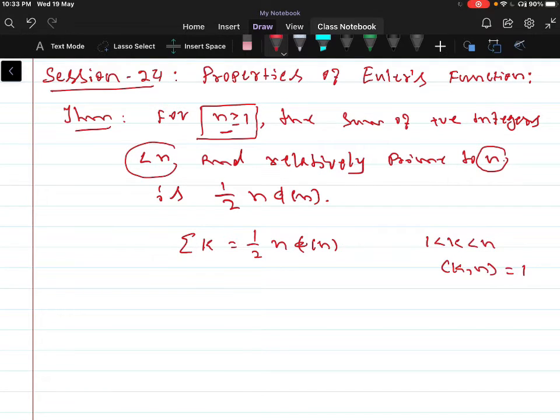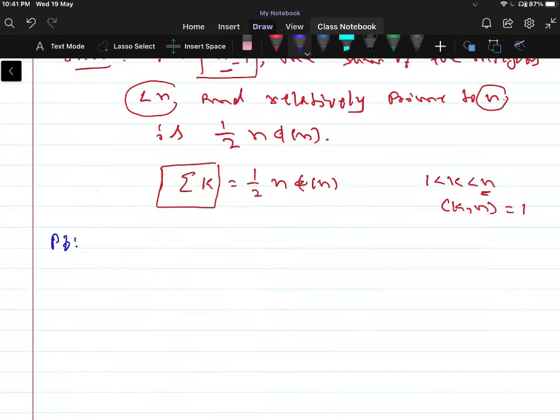It means the sum of k is nothing but the sum of positive integers less than n that are relatively prime with n. So we'll move to the proof of the theorem.